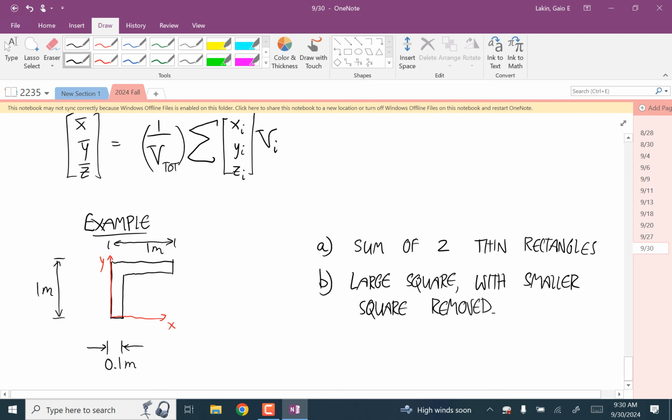Since we're not approximating anything, these are exact shapes, we need to get the exact same answer for those two.